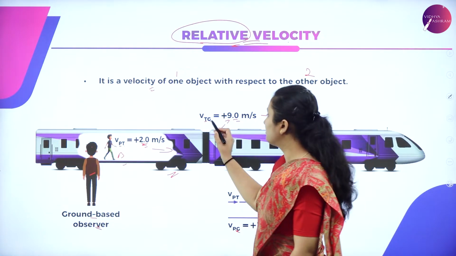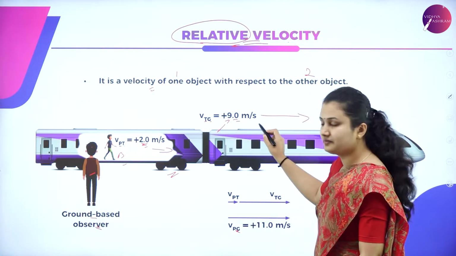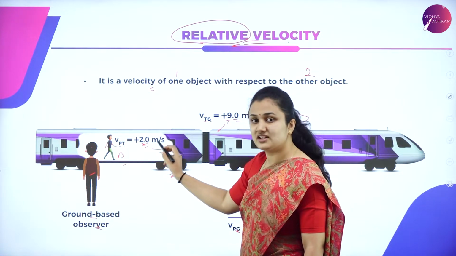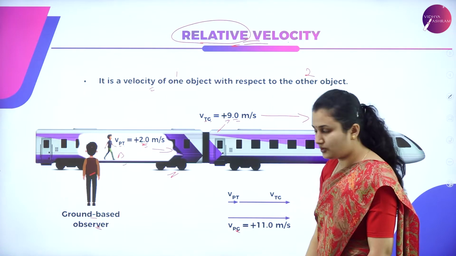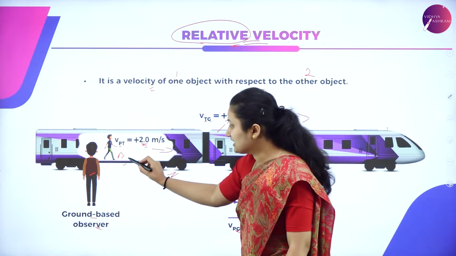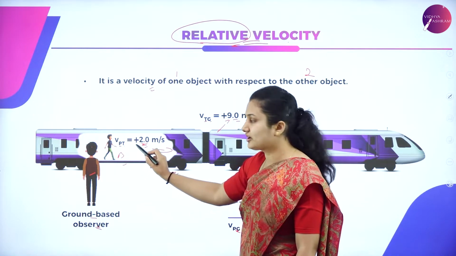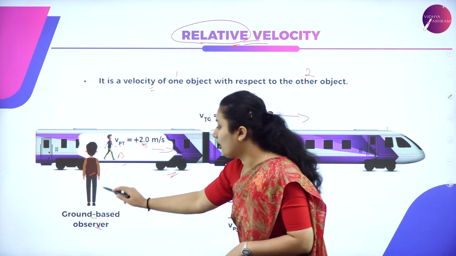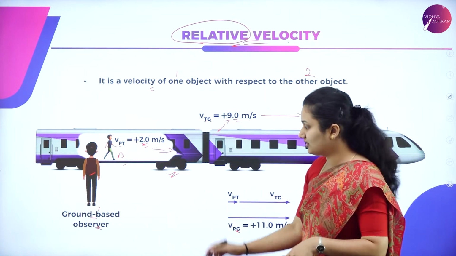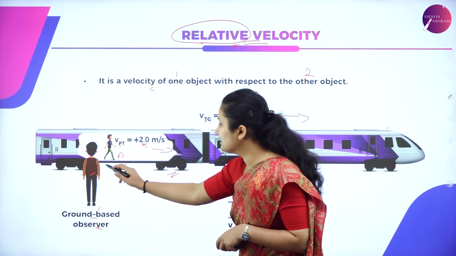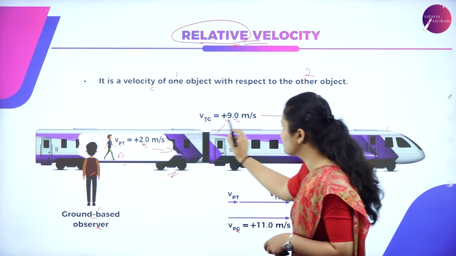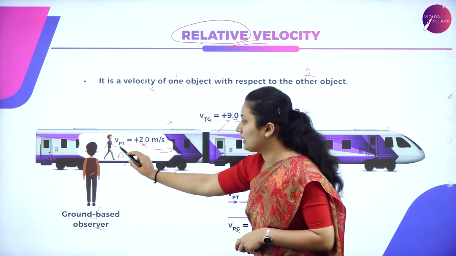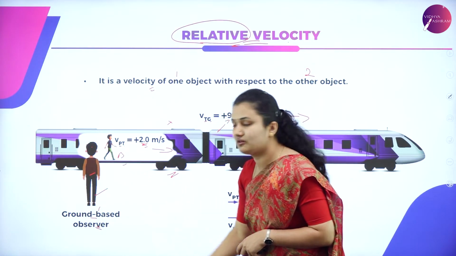So the train is moving with velocity 9, and the boy is moving with velocity 2 meters per second inside the moving train. For the passengers inside the train, a person is just walking with velocity 2 meters per second. But for the boy outside the train, on the platform, on the ground, he can see a boy walking and the train moving. So this plus this will be the velocity according to the observer on the ground.